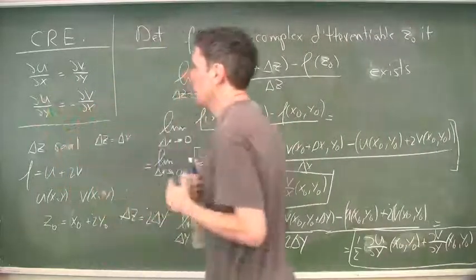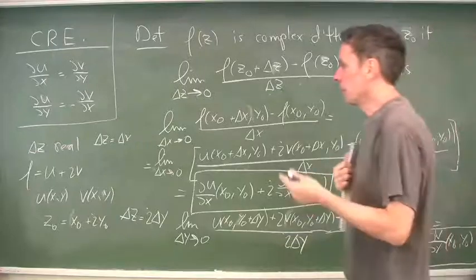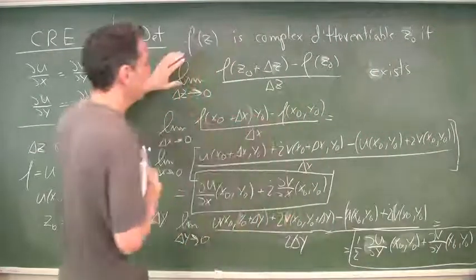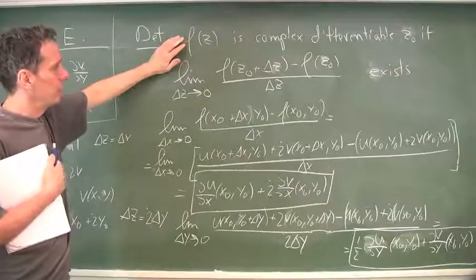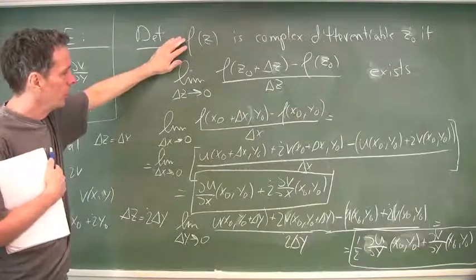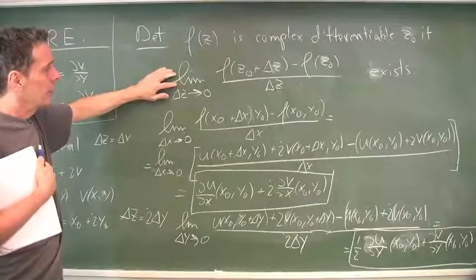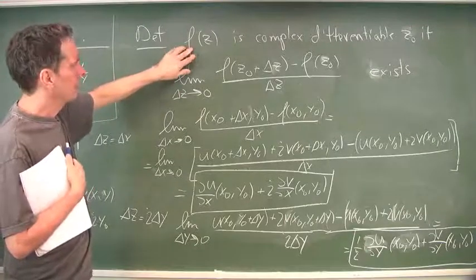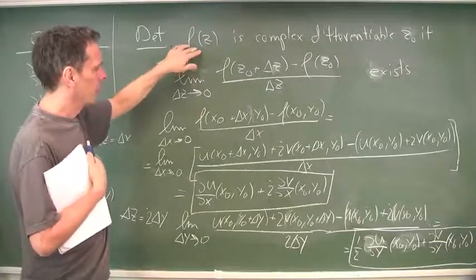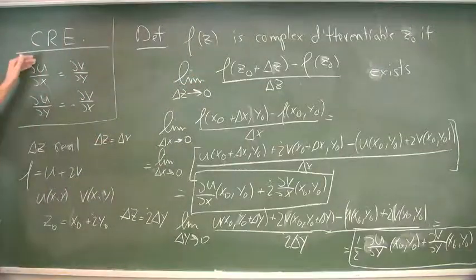So summing up, what we see here is that if we demand this function f to be complex differentiable in this very natural sense, then necessarily the real and the imaginary part of f must satisfy the Cauchy-Riemann equations.